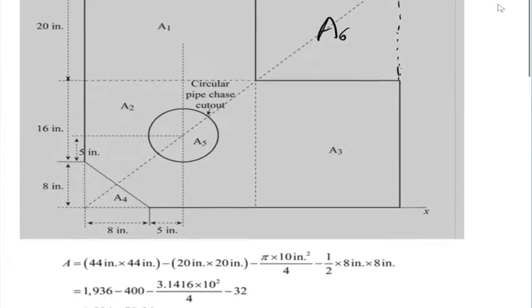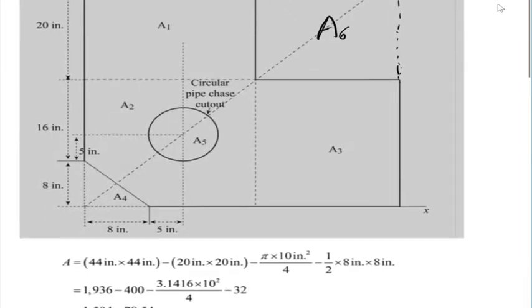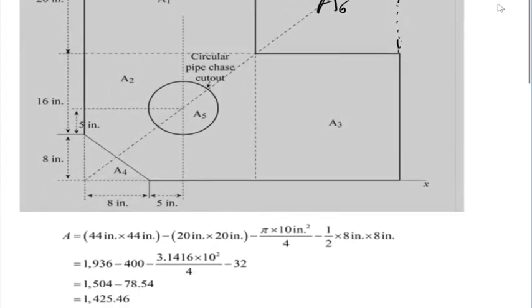Now, calculating all of these, we find that the cross-sectional area of the column would be 1,425.46 square inches. Why is it important to calculate the area? Because, as we know, the stress is the load over the area where it's applied.